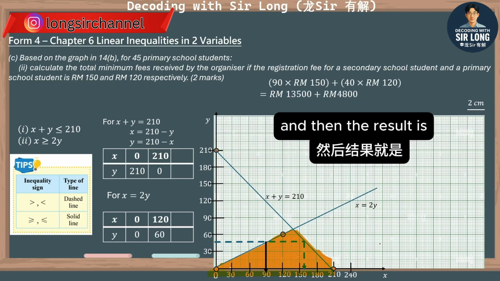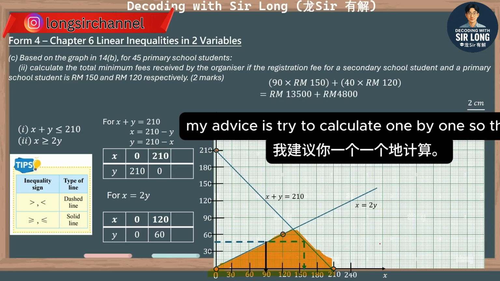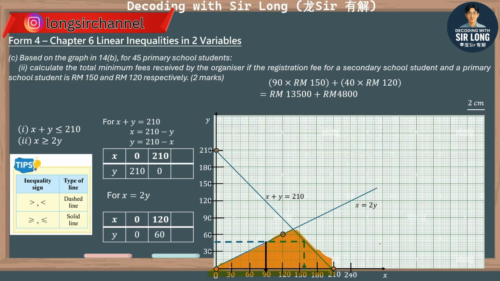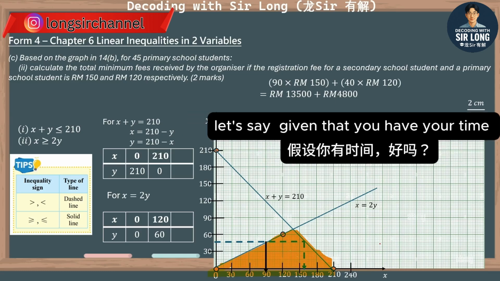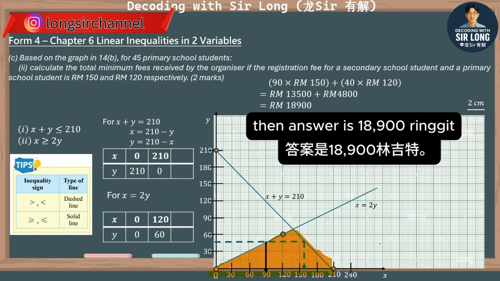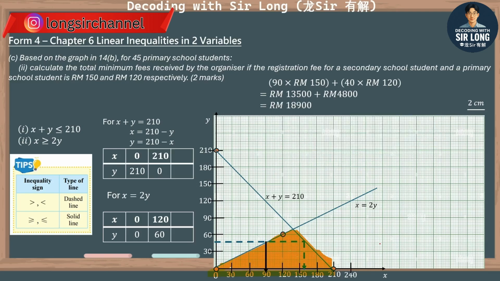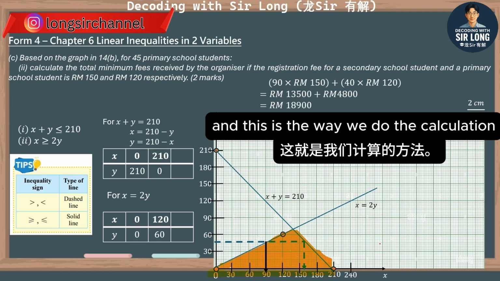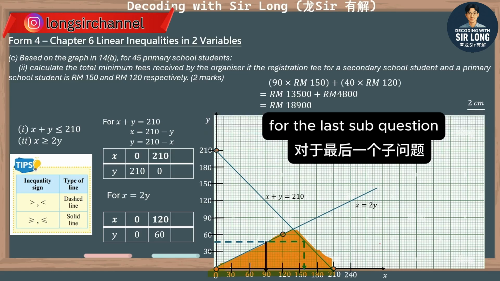And then the result is, okay, before that, my advice is try to calculate one by one so that you feel easy to do double checking after that. Let's say, given that you have your time, the answer is 18,900 ringgit.